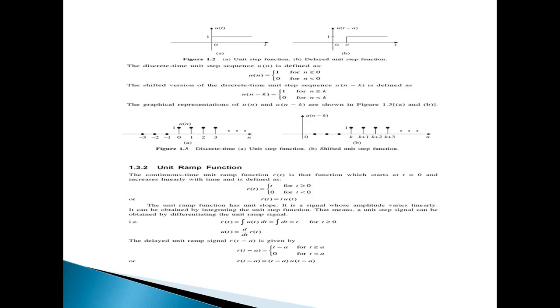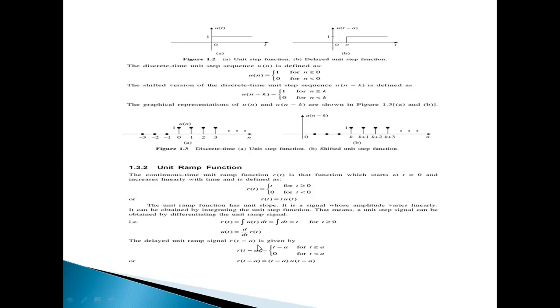Okay, my dear students. Now, the delayed unit ramp signal: whatever we call delayed, we use shifting towards the right side only. If it is advanced, we shift towards the left side. How many samples is it shifting here?